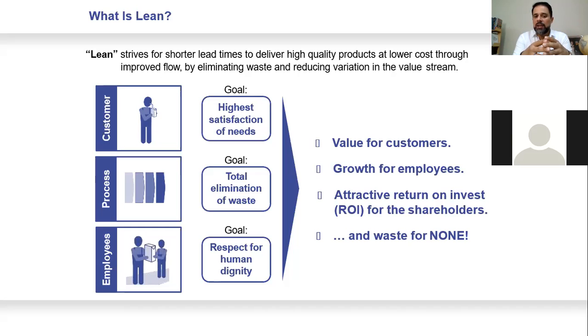And respect of human dignity is the goal for the employees in that company. So we are looking for value for customers, growth of employees, attractive return on investment to the shareholders, and no waste.